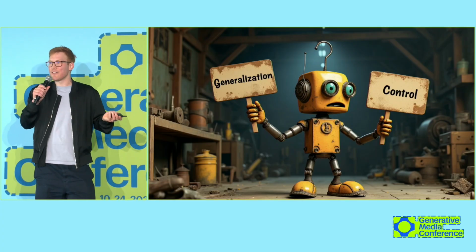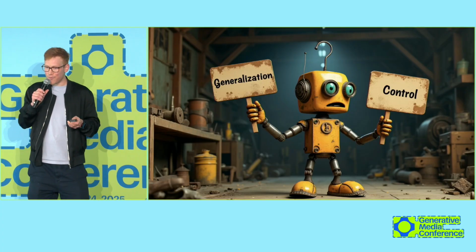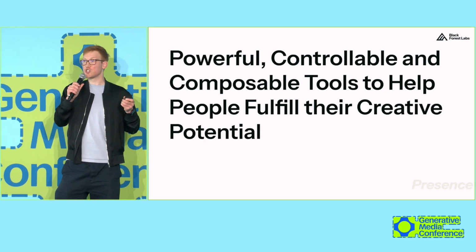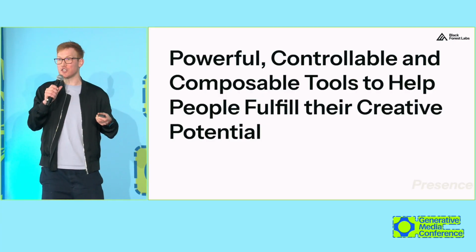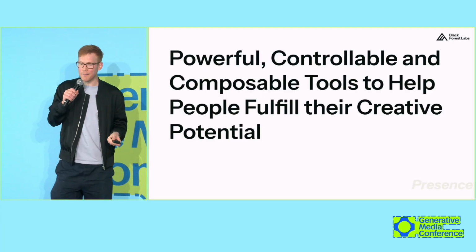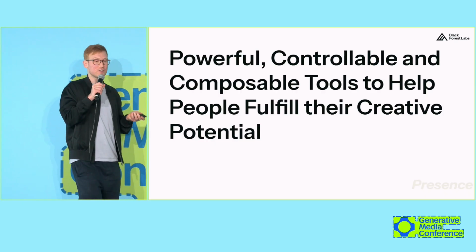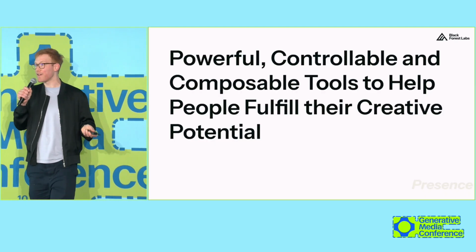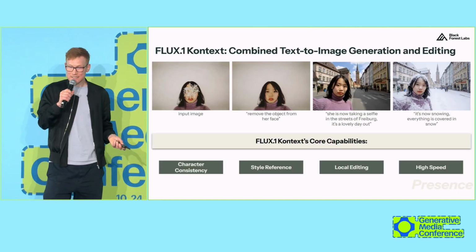So there was always this decision people had to make, and we changed this earlier this year with Flux Context. It was the first joint image editing and text-to-image generation diffusion model. And by that, I think we established these models as tools to be controllable, composable, and really help people fulfill their creative potential.